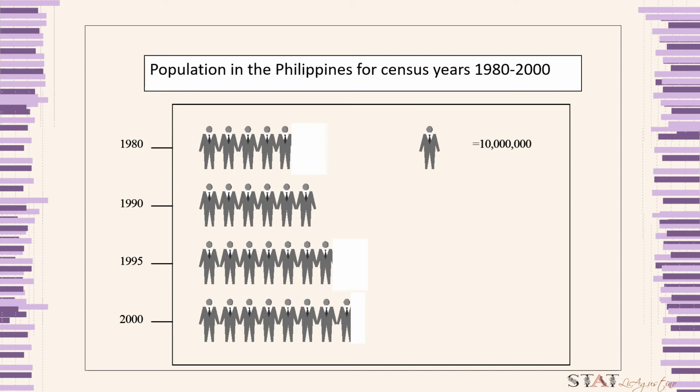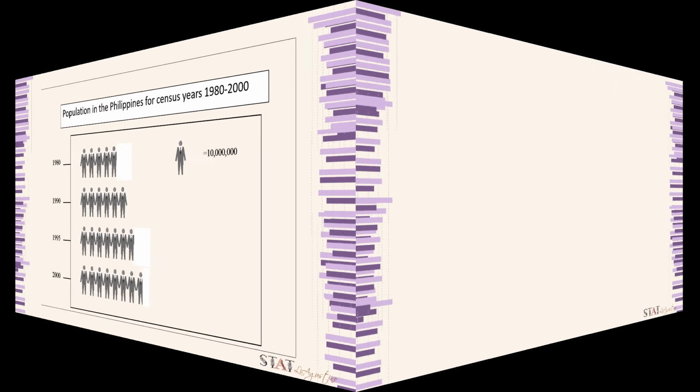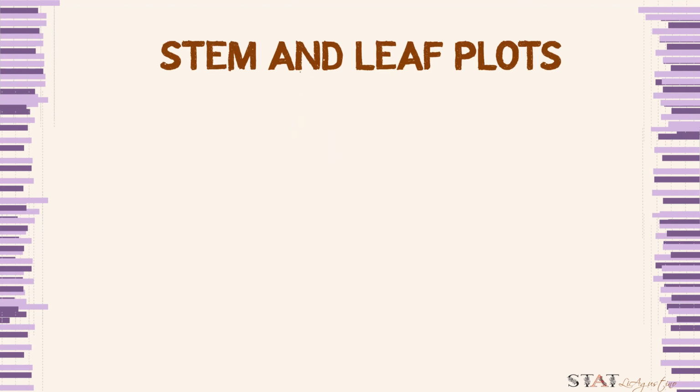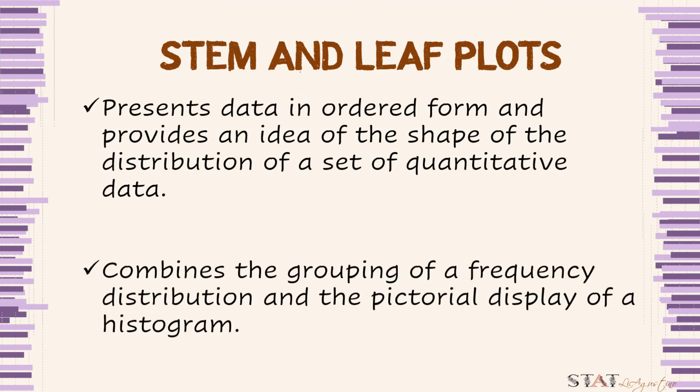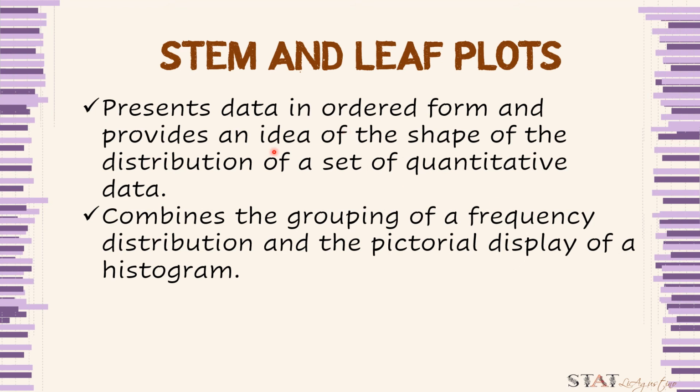Now let's proceed to stem and leaf plots. So it presents data in ordered form and provides an idea of the shape of the distribution of a set of quantitative data. And it combines the grouping of a frequency distribution and the pictorial display of a histogram.